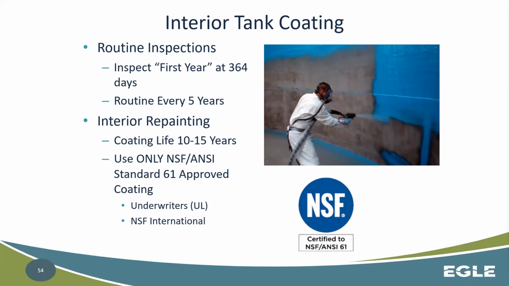Make sure that you get that inspected. If you get it coated by whoever, make sure that you get it inspected before that first year, that 365 days, runs out, because obviously there's going to be some warranty portion with that. And then after that, your routine should be every 5 years. At least that's the recommendation from both the Eagle side as well as typically the manufacturer side.